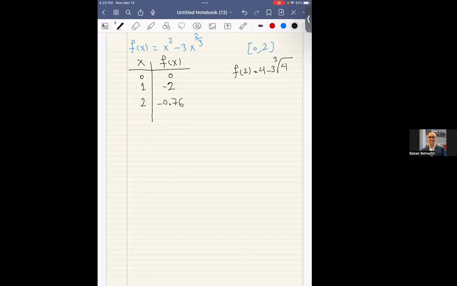Okay. Very good. So now you have to compare these values. The smallest is the minimum, which is of course this guy, and the biggest, the largest, is the maximum. Here is this guy.